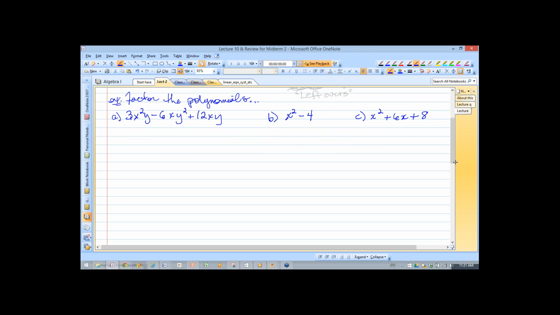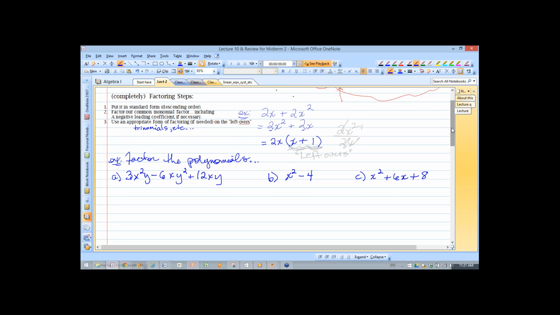Okay, so here we go. Let's look at these. Here's what I have here. And also we need to go through that long division too. It's a big one. So factoring this polynomial here, the first one, part A. What are my steps of factoring, by the way? Let's go back and review. Put it in standard form. There's two variables here, so that's kind of tough to figure out.